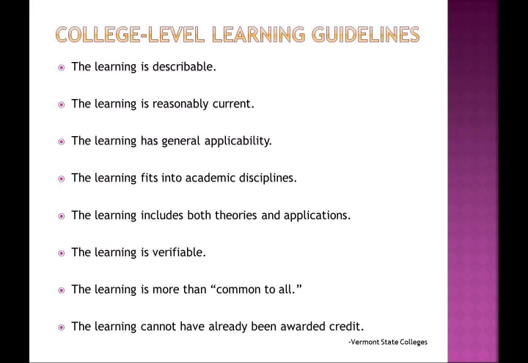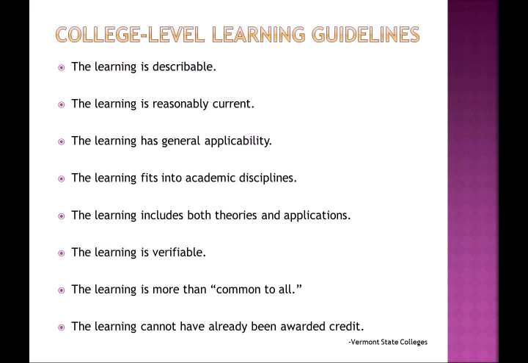The third one, the learning has general applicability. Your learning should be applicable outside the situation in which it was acquired. For example, you may know the personnel procedures at the company in which you work. For you to earn credit for this knowledge, you would also need to know how those procedures would apply at other companies or how they relate to the field of personnel administration in general.